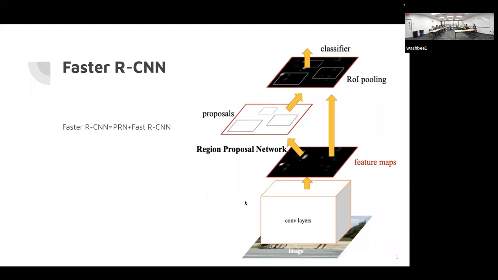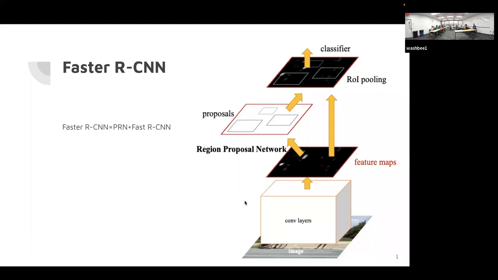The architecture of Faster R-CNN consists of two main components: the region proposal network and the Fast R-CNN detector. In this paper, they realized that detecting the objects in an image and then classifying those objects are similar tasks, so they can share most of the weights in the neural network.